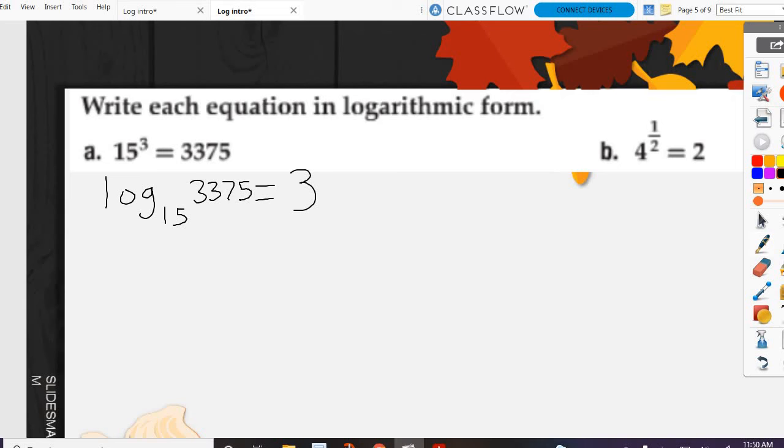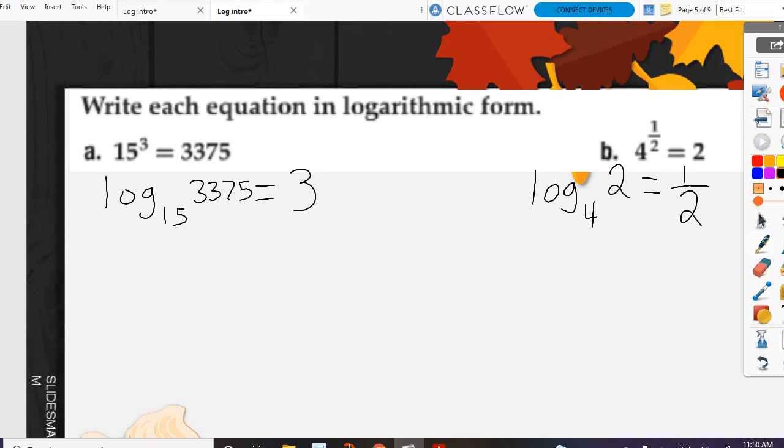So a 1/2 would be the square root, which makes sense because the square root of 4 is 2. That's just a reminder of what our fraction exponents mean. But they asked us to write it in logarithmic form, so we would have log base 4 of 2 equals 1/2.